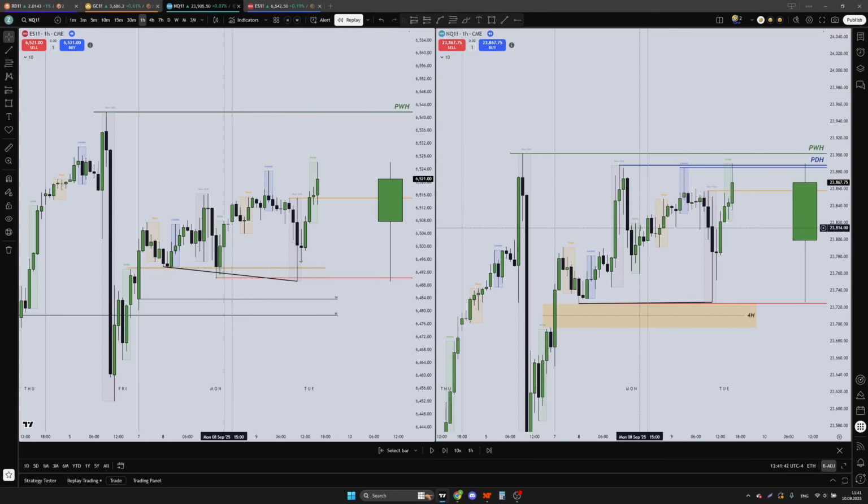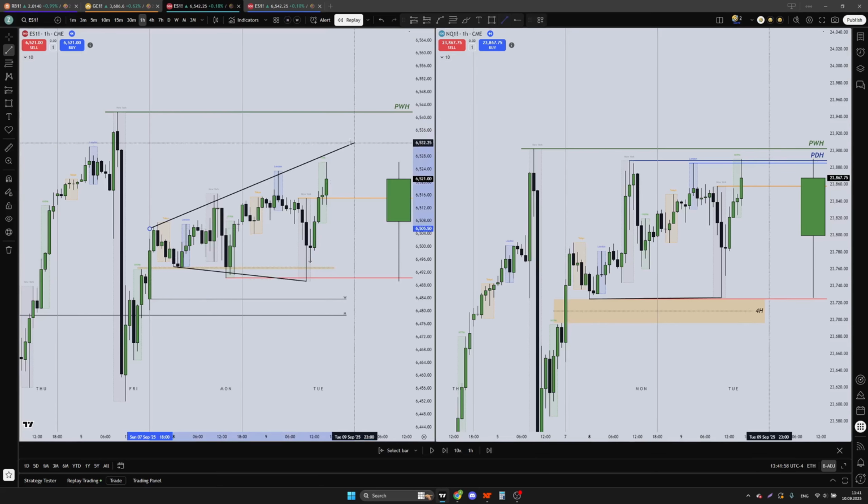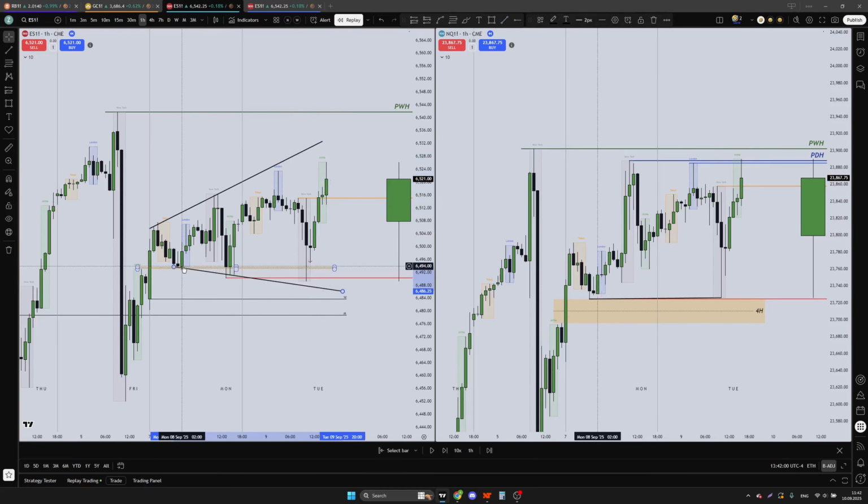Because Asia London chopped or consolidated. I'm thinking New York is going to reverse, but not just reverse from any key level. It had to be a relevant swing point, like this one on ES or this one on NQ, and then also this broadening formation, right? That confirmed my idea that we got into trade from external to external.